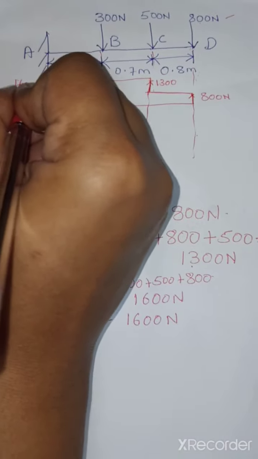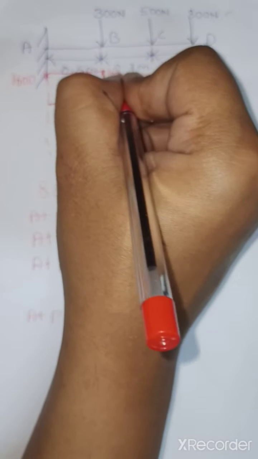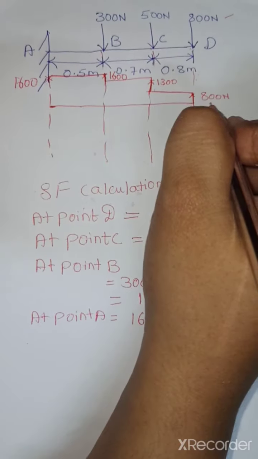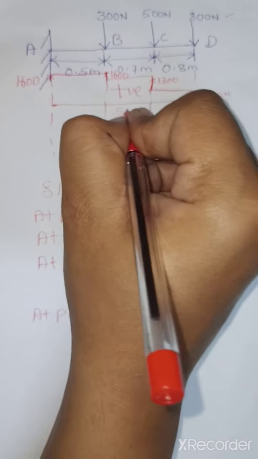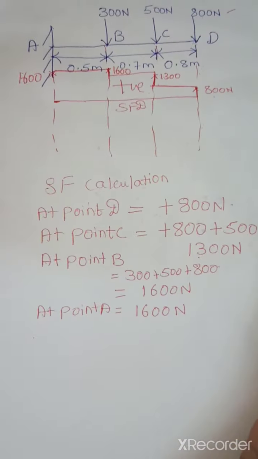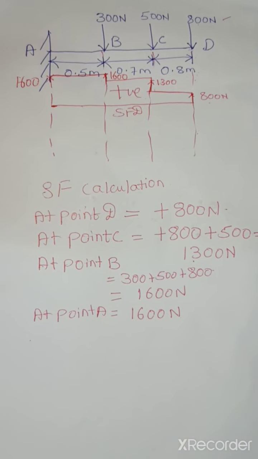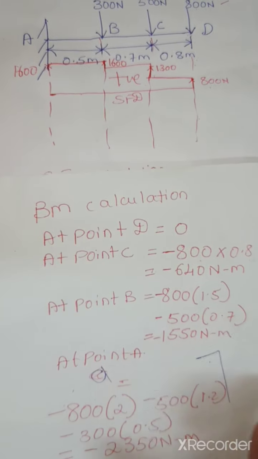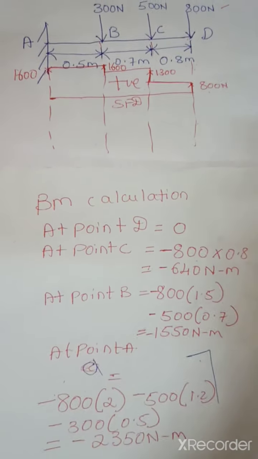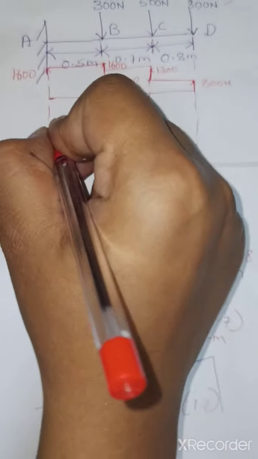So this is 1600, 1600, 1300 and 800. This is a positive variation SFD. So this is the shear force diagram for the given force.